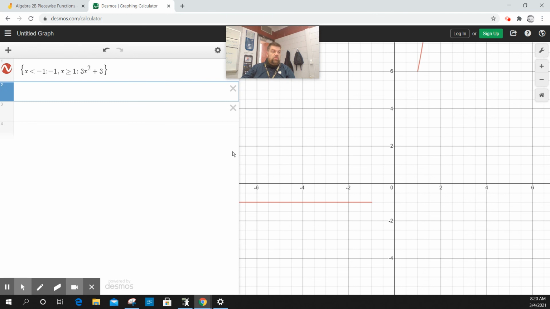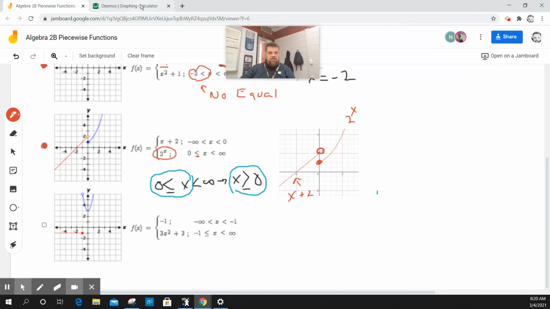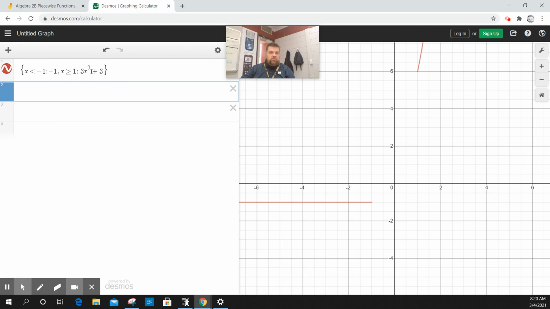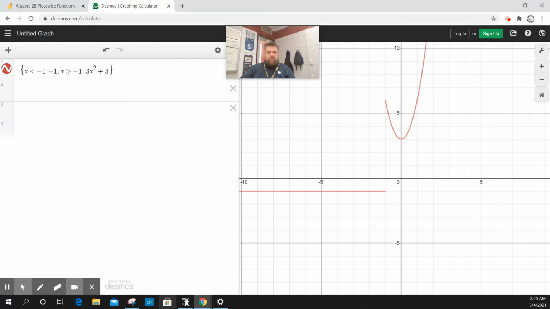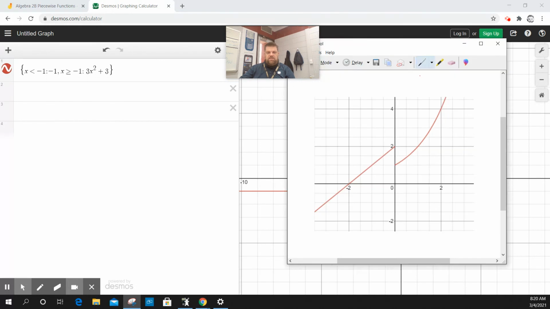Whoa, holy moly, look at that thing. Is it 1 or -1? -1, okay. I made a little goof. This should have a negative in there. There we go. So this one here, again, we have a jump discontinuity.